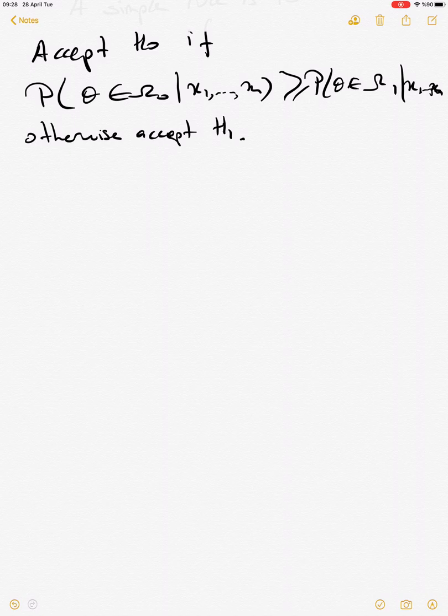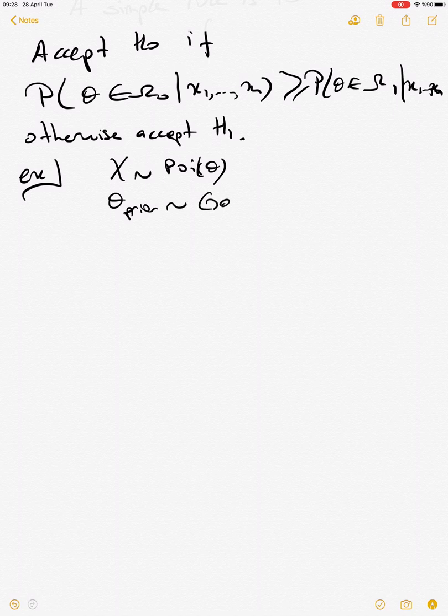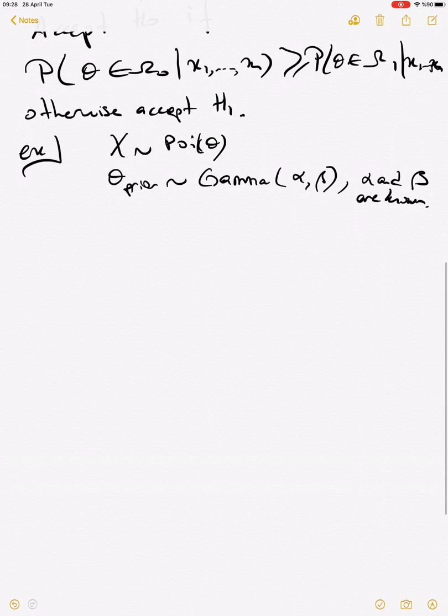So let's consider an example. Let's say we have a Poisson distributed random variable, and the theta prior is given as gamma with alpha and beta. Here we assume that alpha and beta are known because this is the prior information. This alpha and beta should be known.